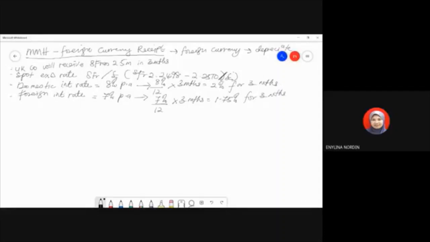Right now, this is the MMH for the foreign currency receipt, where you predict that the foreign currency is going to depreciate and you want to protect your company against the currency risk here. So what should be done first by the company?